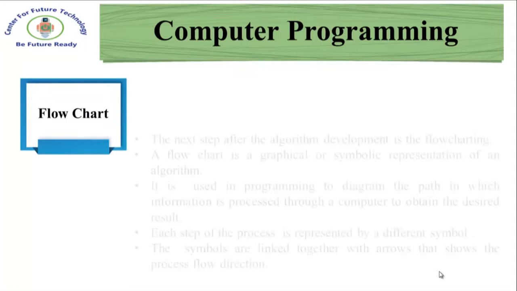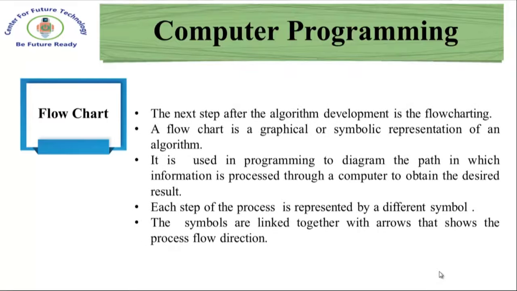Flowchart in computer programming. The next step after the algorithm development is the flowcharting. A flowchart is a graphical or symbolic representation of an algorithm. It is used in programming to diagram the path in which information is processed through a computer to obtain the desired result.